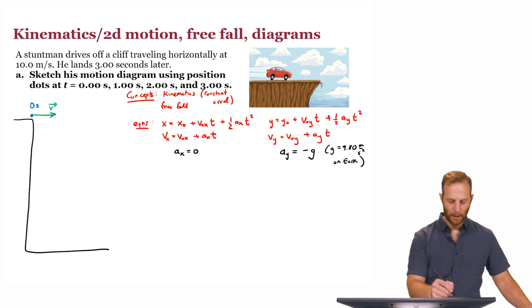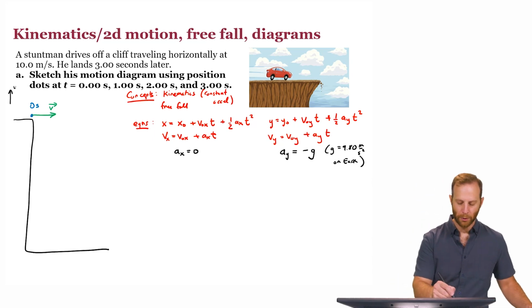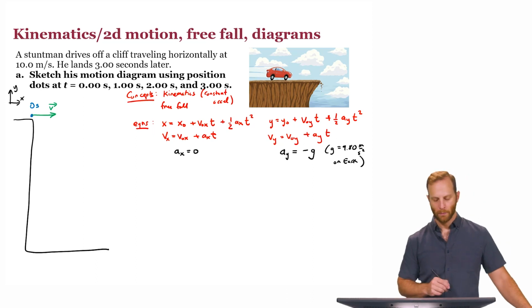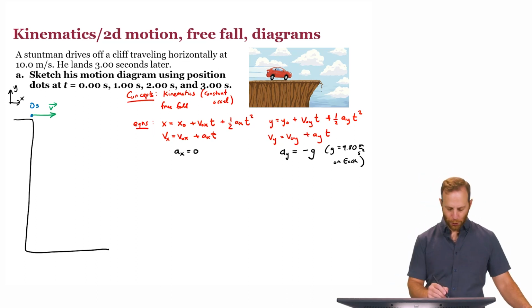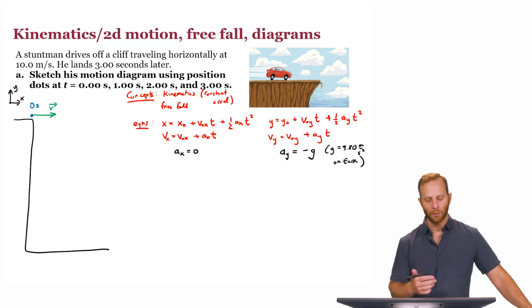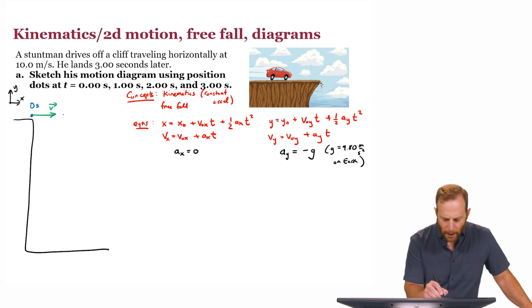Okay. Now this is assuming that we have set things up so that y points up and x points this way. What should happen is that the motion of this stuntman in the car is such that its velocity stays constant in the horizontal direction, which would mean his horizontal position might look something like this over time, at 1 second, at 2 seconds, at 3 seconds.